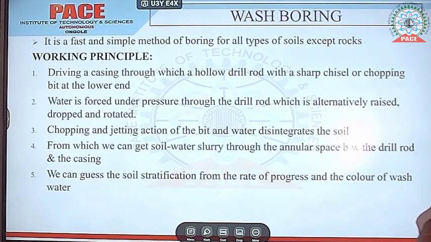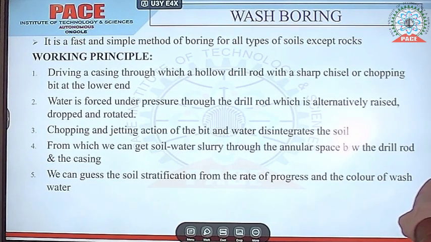Next, coming to wash boring. It is a fast and simple method of boring for all types of soils except rocky soils. The main working principle: it has a driving casing through which a hollow drill rod with a sharp chisel or chopping bit at the lower end is passed, and water is forced under pressure through the drill rod, which is alternately raised, dropped, and rotated.